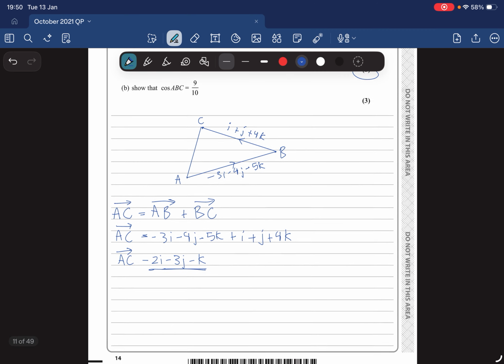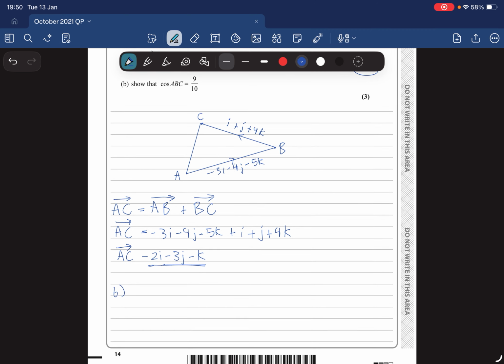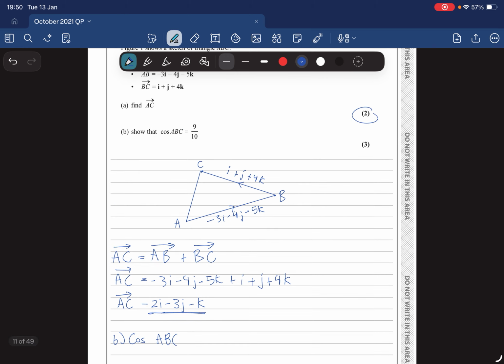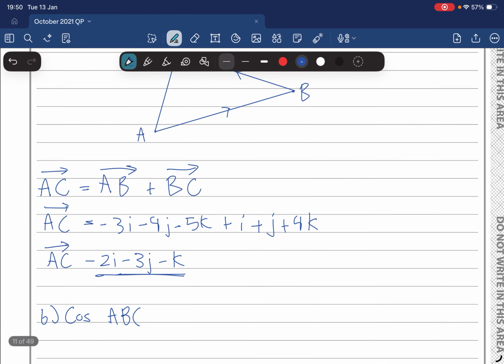Part b asks to find cosine ABC. Okay, so this is interesting. I can remove all of these, and I have A to C as well.